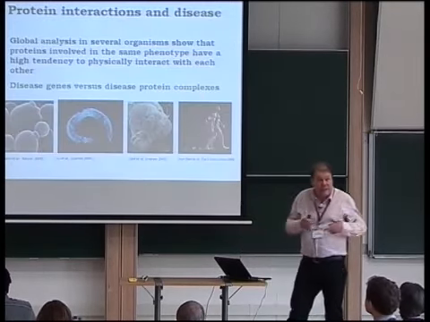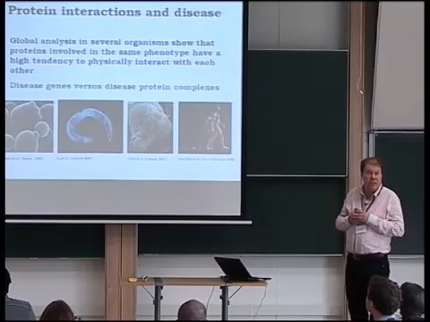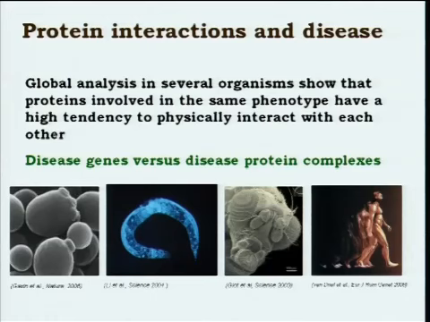So we want to use this type of data to find, for example, new disease genes, new disease proteins, and also prioritize them using data integration techniques. It's clear that most proteins are doing their job together with other proteins. They form protein complexes, and it's also clear that many disease phenotypes arise not only from mutations in one particular protein, but also from mutations in other proteins that participate in the same complex.